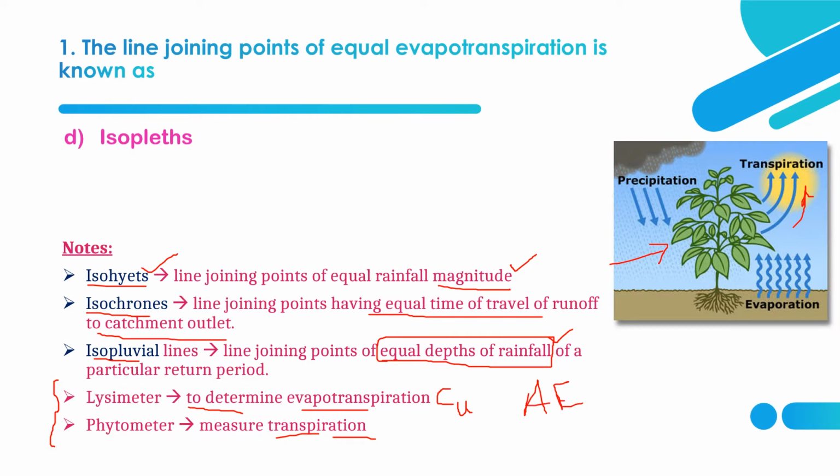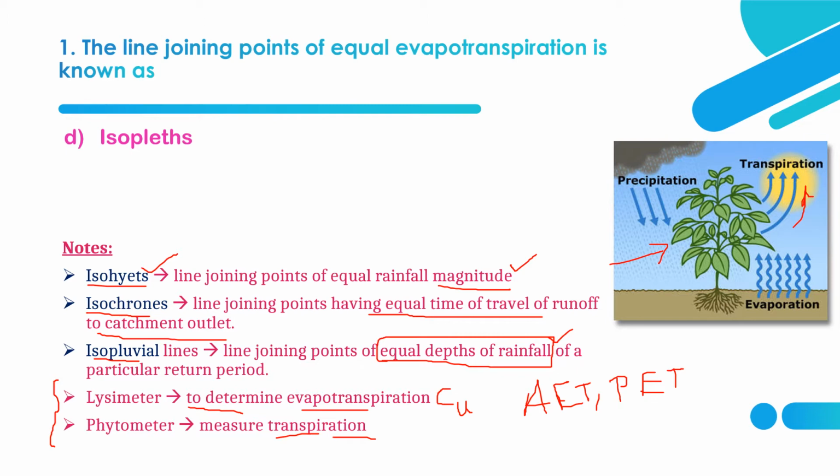AET and PET are nothing but actual evapotranspiration and potential evapotranspiration. PET mainly depends upon climatic factors rather than characteristics of plants and soil, whereas actual evapotranspiration depends on the characteristics of plants and soil. This is the basic difference between PET and AET.